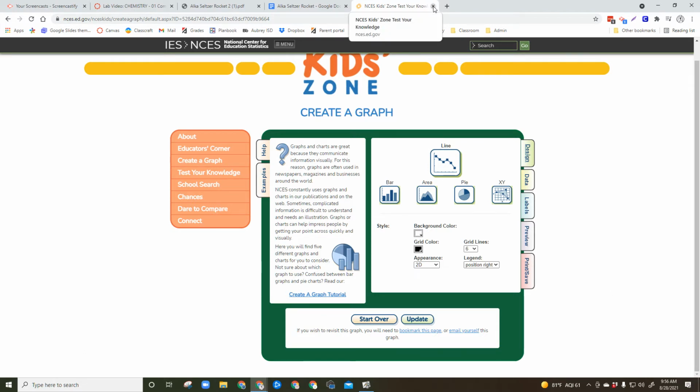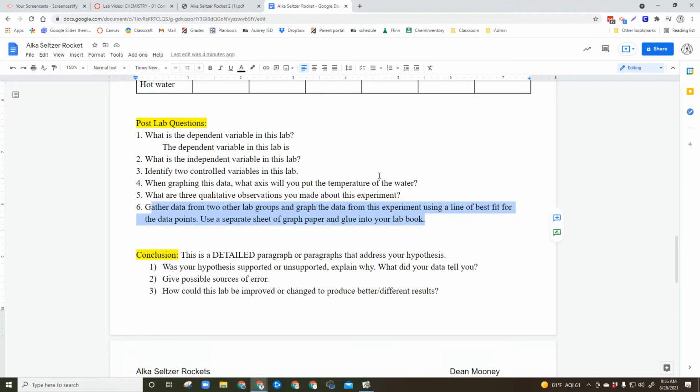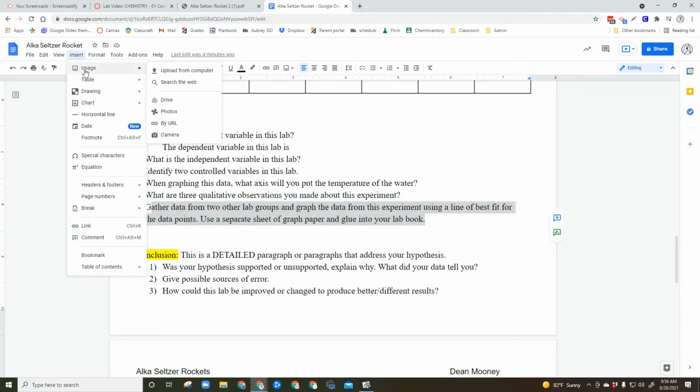And then what you're going to do is snap a picture of it with your phone. Make sure it's close up. Don't do a chicken in the grass picture. Get close to it with your phone. And then you can insert that picture into this document. Okay. Insert image. Okay. Uploaded from your computer.